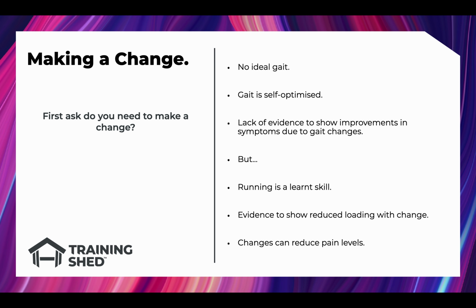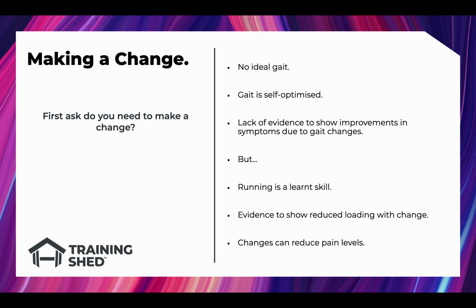However, gait is a learned skill. Running is something we learn, so we can continually add things to it. We know there are loads of runners that constantly change their running styles, so we know that it can be learnt and relearned. There is evidence to show that by making changes, we can reduce loading rates.